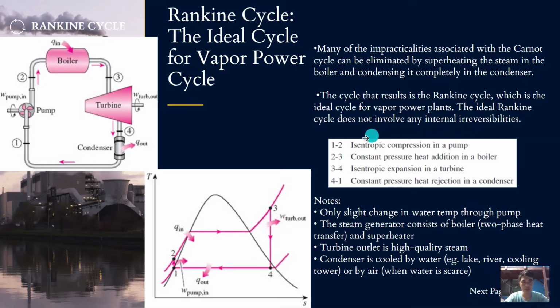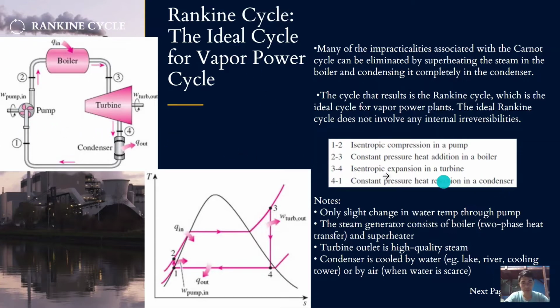The ideal Rankine cycle does not involve internal irreversibilities. Process 1 to 2 is isentropic compression in the pump.